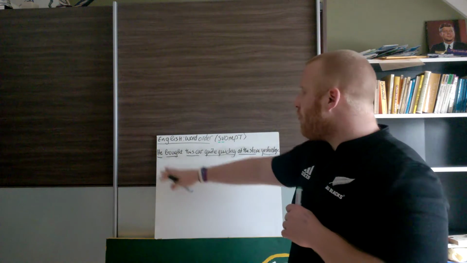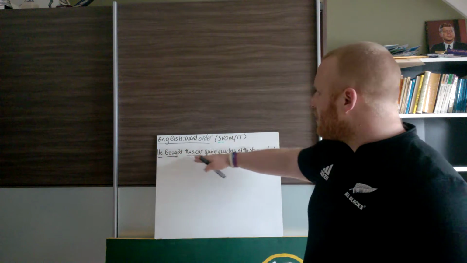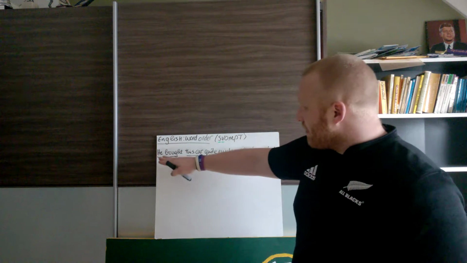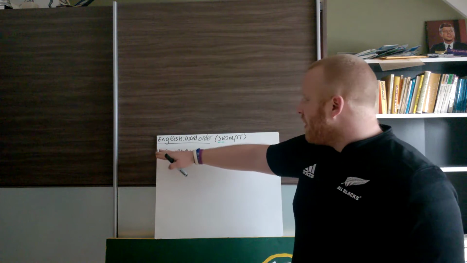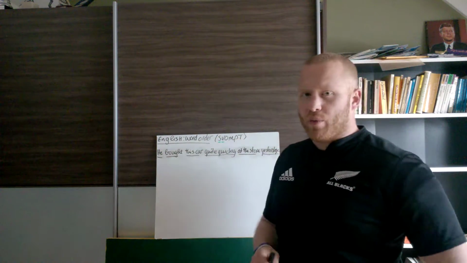So what I'm going to start off with is I've underlined the most basic chunks of the sentence so that we can, for each word, assign a letter in SVOMPT and then find out what these letters stand for.